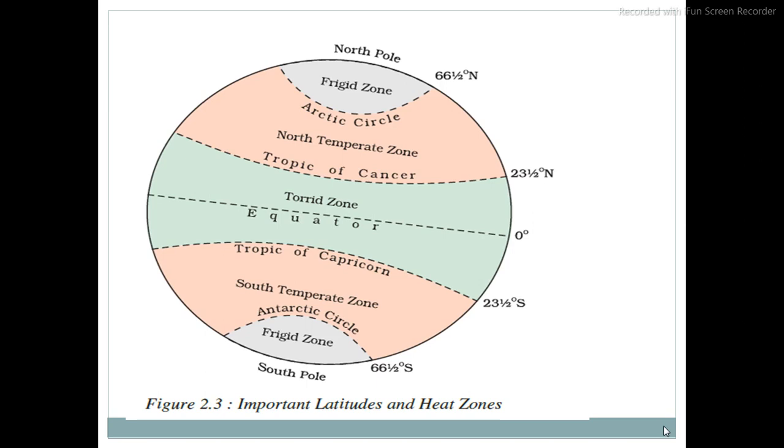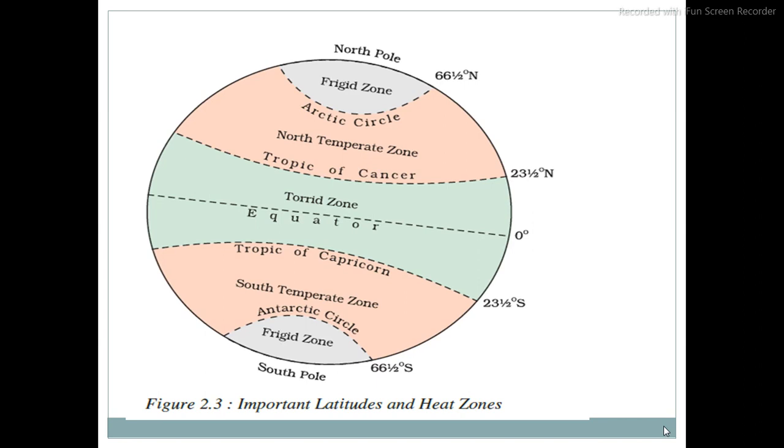As you are observing in the slide presentation, figure number 2.3, important latitudes and heat zones. Latitude we had already discussed in the previous presentation, and today we will see the heat zones. Observe the diagram one by one in a systematic way. First, this grayish part, or in the slide it is light greenish, in the video this grayish part is known as the torrid zone.